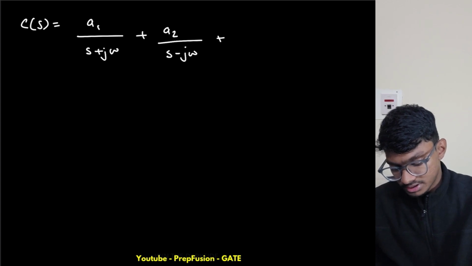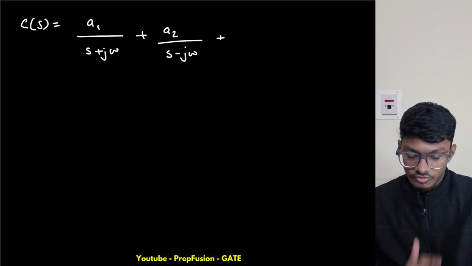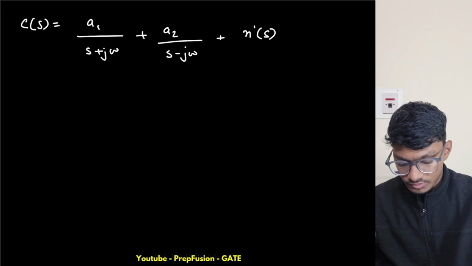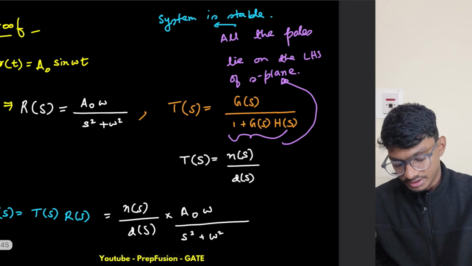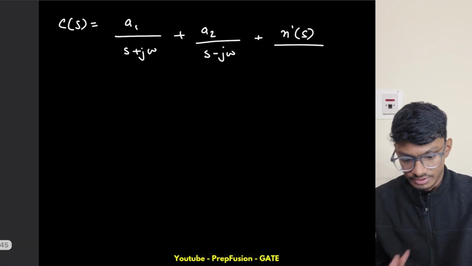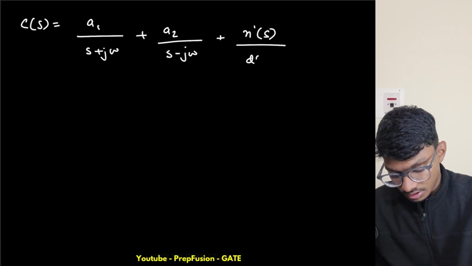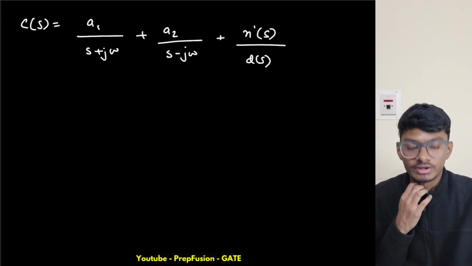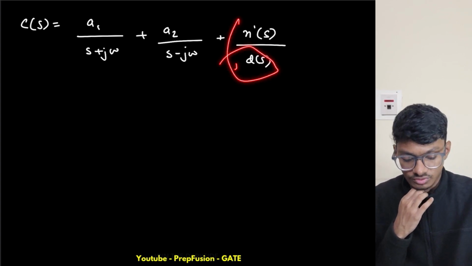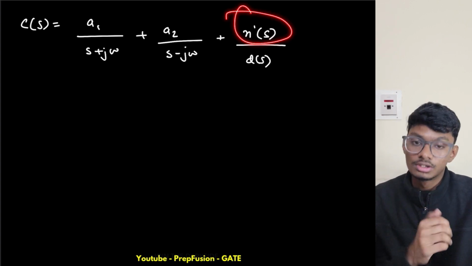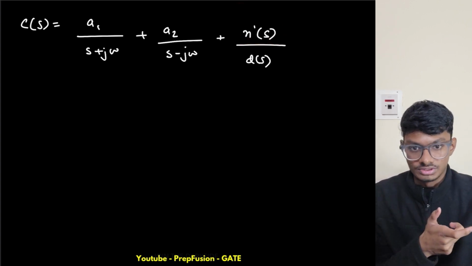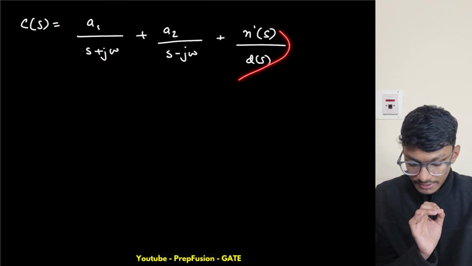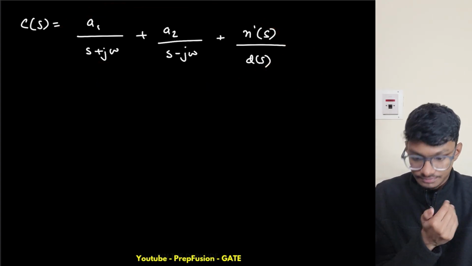If you would have studied partial fraction, you could have taken this one as N dash of s. This N of s and N dash of s are different, and this is D of s only. Obviously I don't know how many poles I have, so I will just keep D of s as it is, and the numerator will change because I'm doing the partial fraction. So yeah, this is basically the partial fraction of all these things.